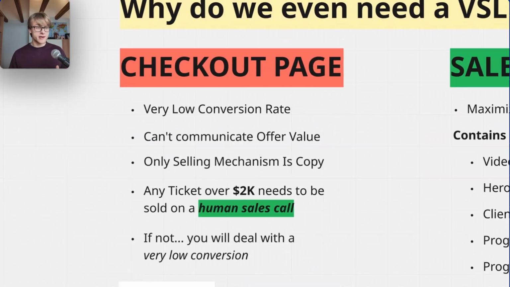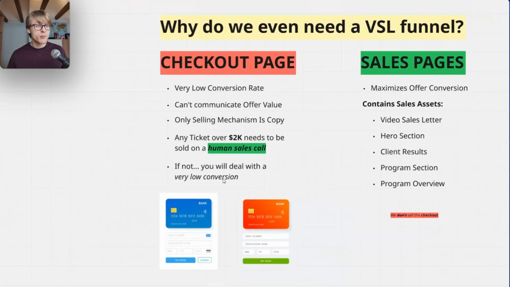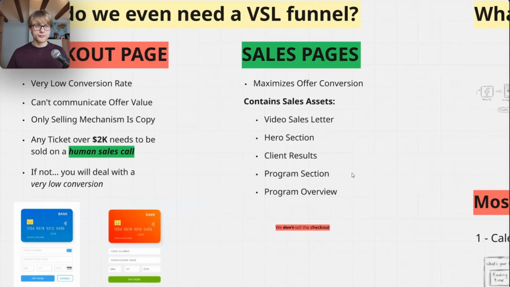So any single ticket that we have that is priced over 2K needs to be sold on a human sales call. If not, your deal will have a very low conversion, okay? So a checkout page only works when the lead is already completely sold on the solution, on your product, and you as an authority, right?